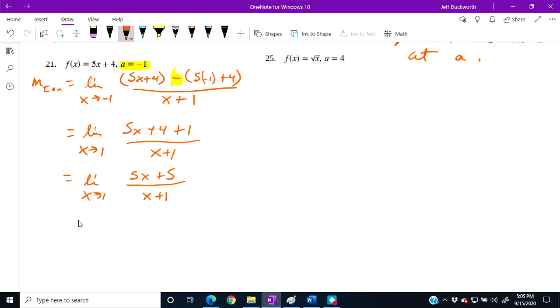Okay. And now we're at a point again, if we plug in -1, this goes to 0 over 0. So we've got a situation where we're going to multiply this, or actually we don't have to. We can factor out a 5. So let's see what happens when we do that.